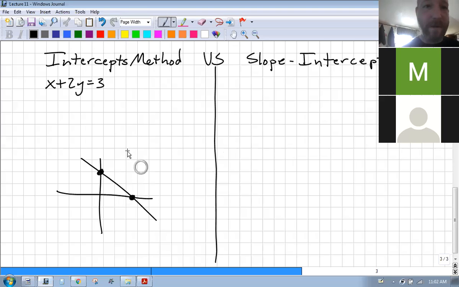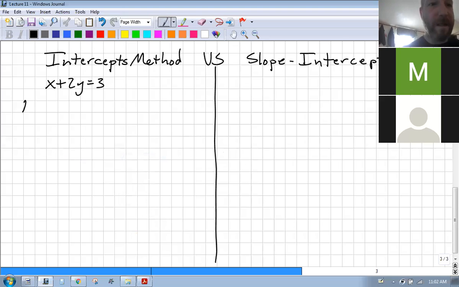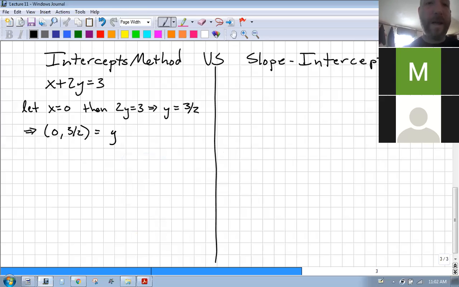Okay. So to do that, we'd say first, let x equal 0. Then if we did that, we would have 2y equals 3 or y equals 3/2. So 0, 3/2 is the y intercept. All right, so that gives you the y intercept.